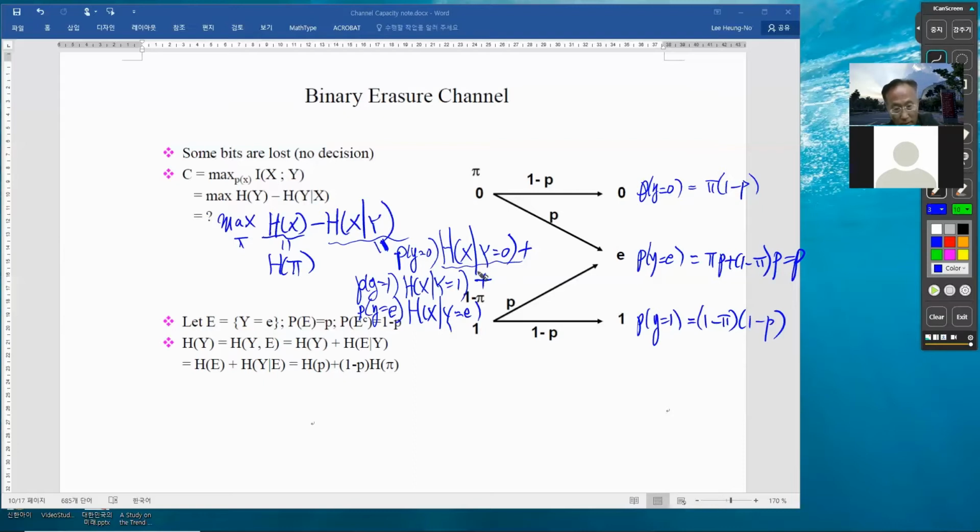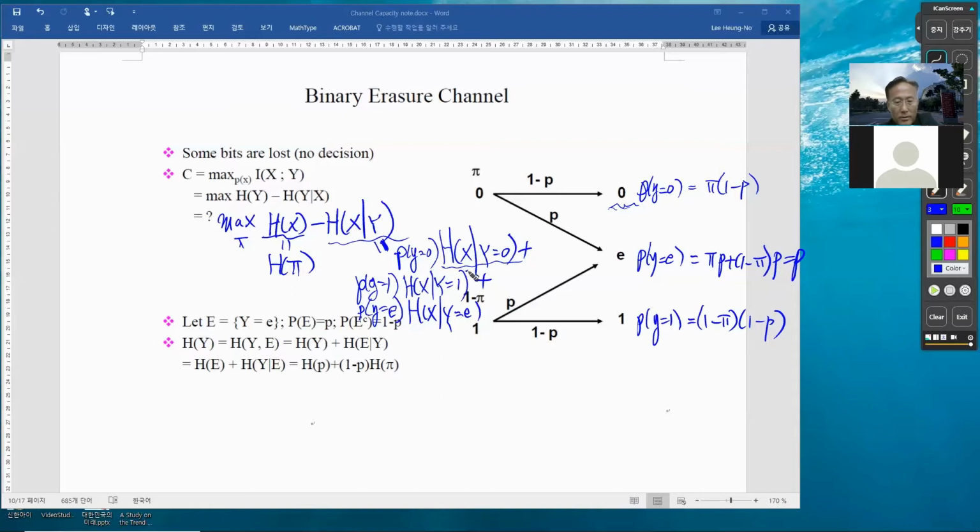So what is the entropy of X given Y equals 0? When you receive this, do you have any uncertainty on X? No. When Y is equal to 0, the input random variable X has to be equal to 0. There is no other way.